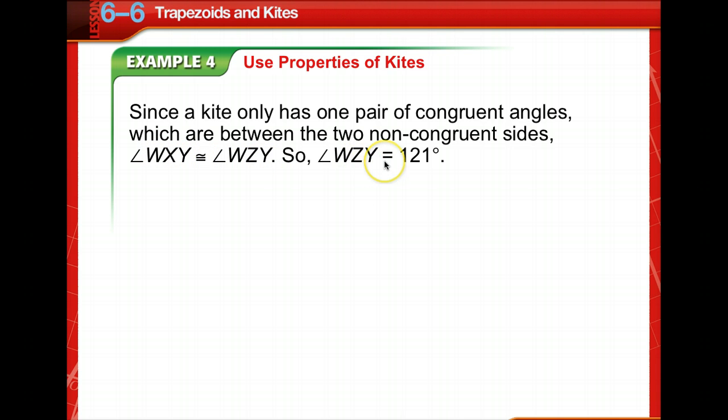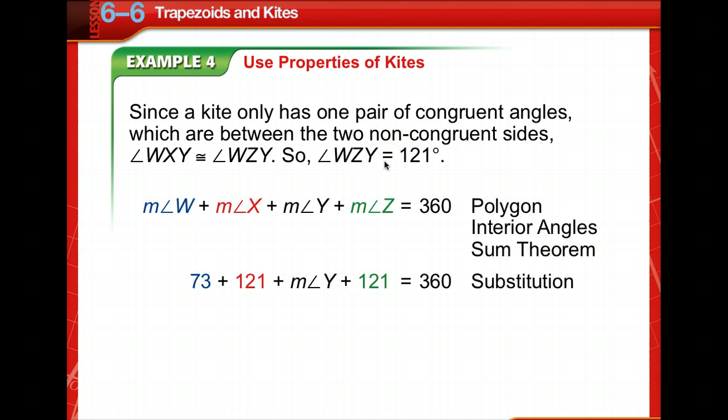And WZY is equal to 121 degrees. So we've got 2 of the 121 degree angles, and we were given a 73 degree angle. We know the interior angle sum is equal to 360. So when we add these together and subtract them from 360, the measure of angle XYZ is 45.